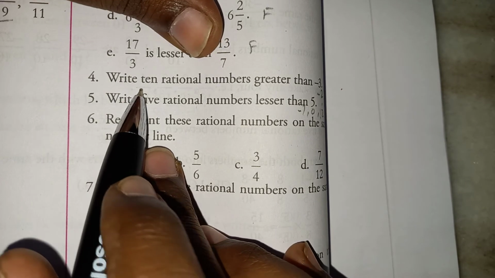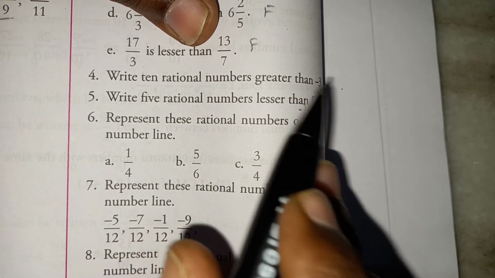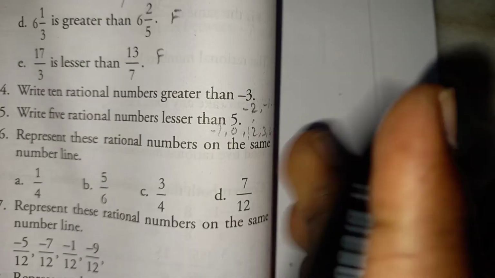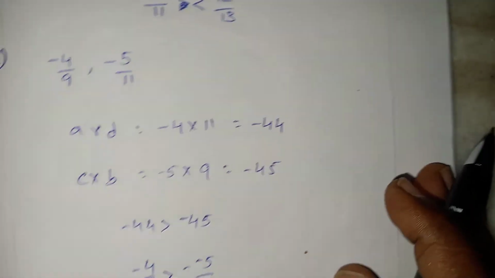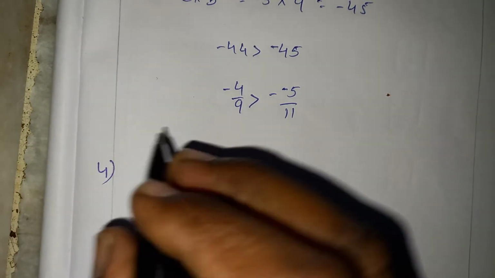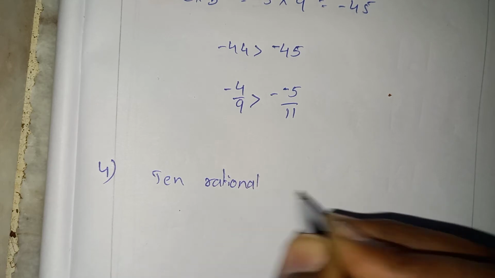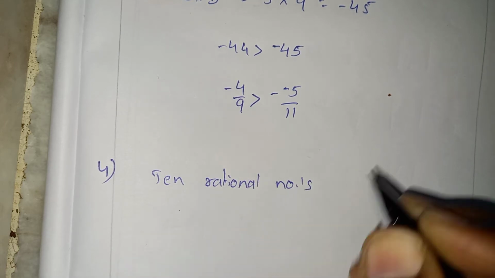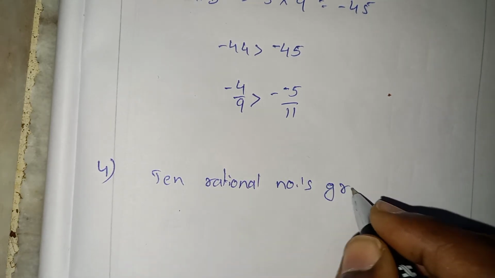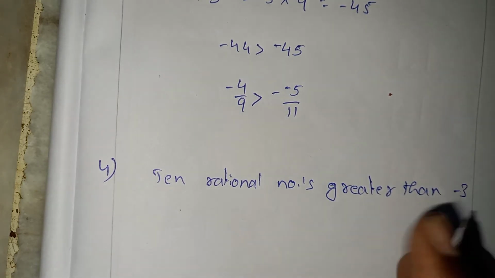Question number 4. What are they asking? Write 10 rational numbers greater than minus 3.